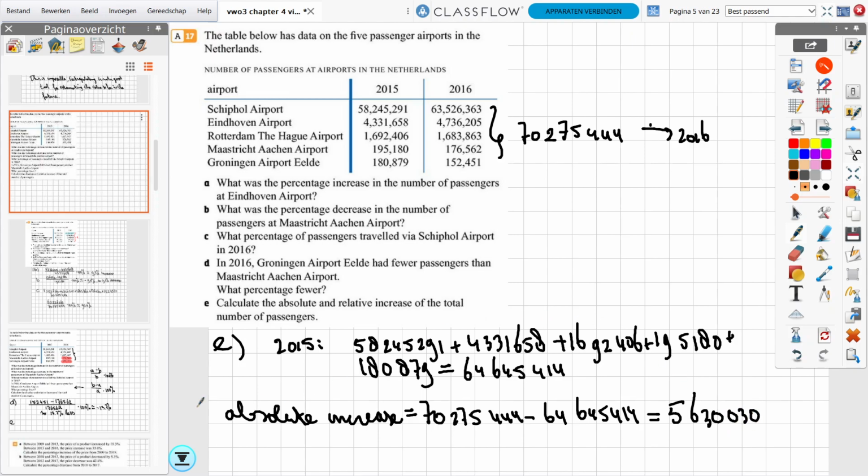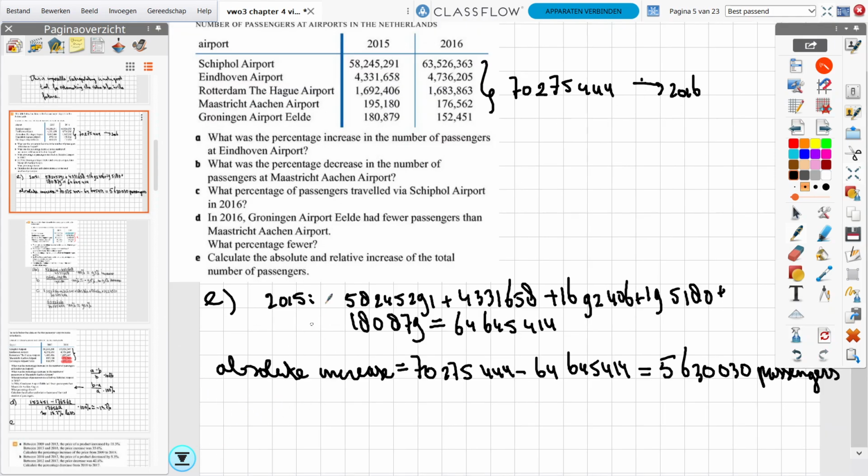That's absolute. Absolute is in units. Here I could say the unit is passengers, right?